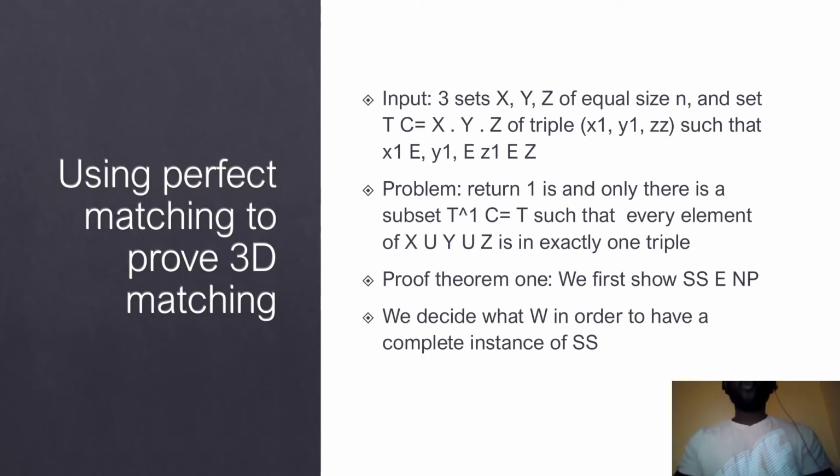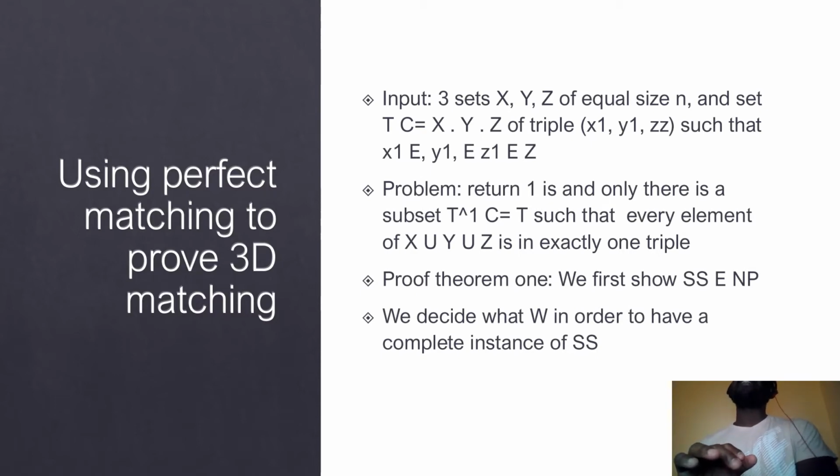So we first show that SS is in NP, and we have to consider the instances of SS, and we have to encode the subset S prime, which is the set of W1, W2 to Wn, that is supposed to sum up to W. In polynomial time, we can compute the sum of these numbers by verifying if the sum does indeed equal W. And the second is we show that SS is NP-hard by giving a reduction from 3DM to SS.